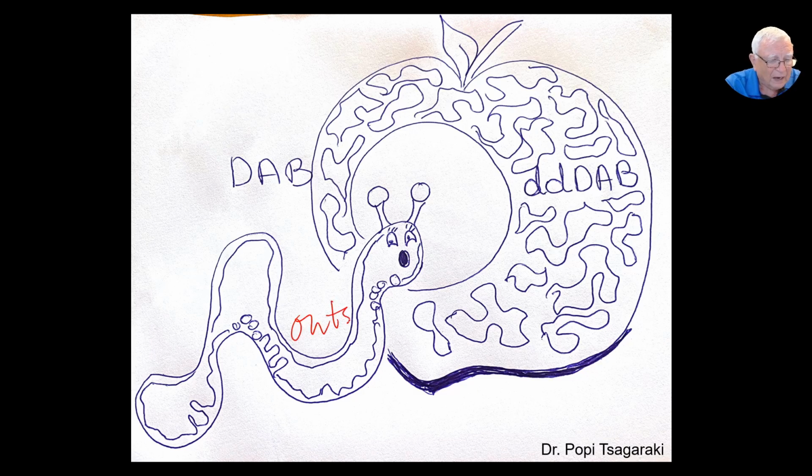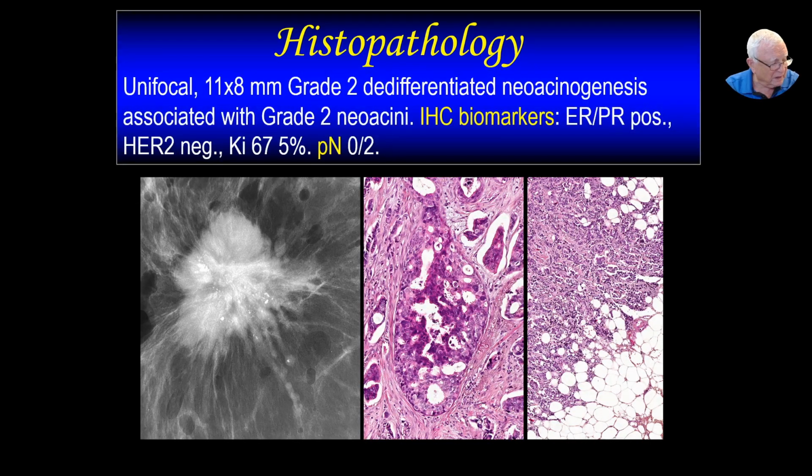Here, it's outside most of the time. Here is the answer, unifocal, 11/8. This is the important thing. De-differentiated neoacinogenesis. That's the devil. This is unfortunately called DCIS, and it's wrong.